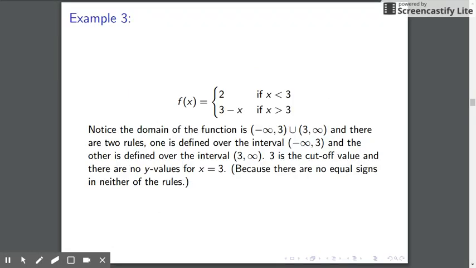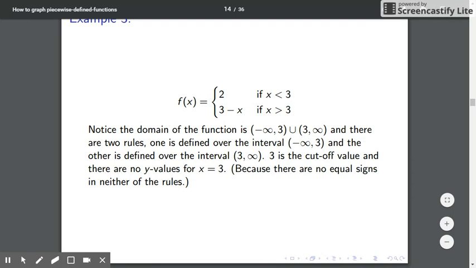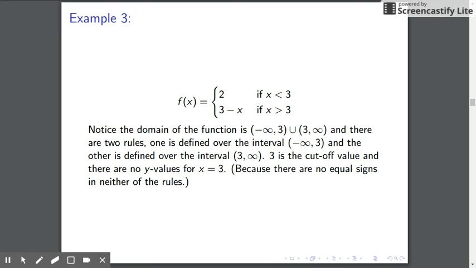So now, how about if we don't have any equal signs? What do we do? First thing to notice, the first interval is negative infinity to 3 open, and the second interval is 3 to infinity open. Therefore, the union of them, which doesn't include 3, is not the entire R. That's something to notice.